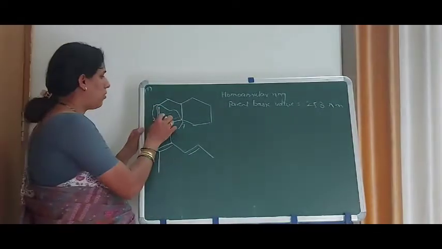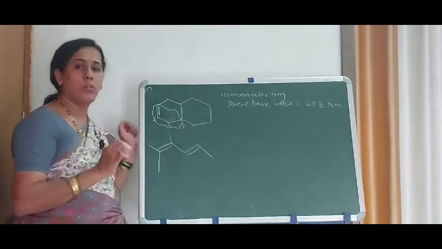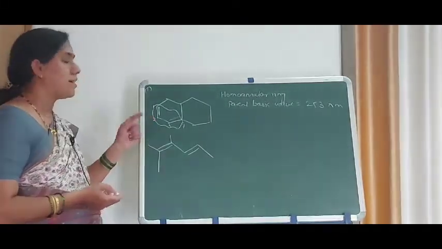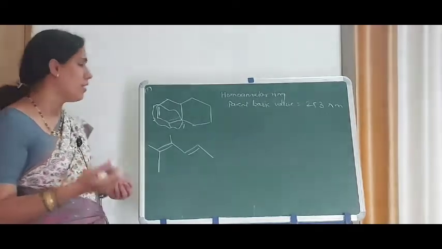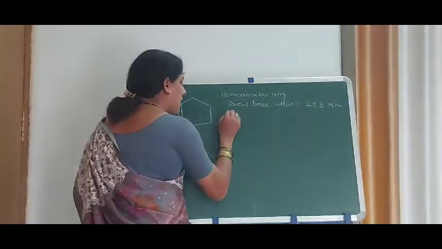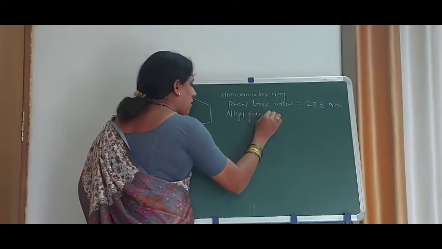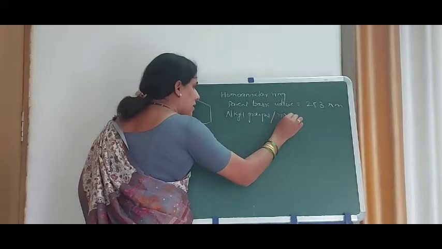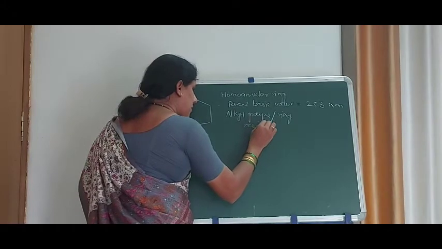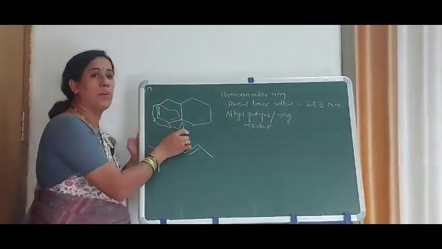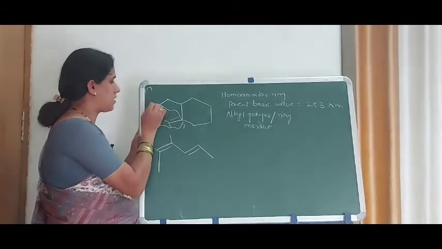Once we get the basic value, you have to identify the second criteria. What is the second criteria? The presence of alkyl groups or ring residues. Now, consider the positions of the butadiene. First position, ring residue.